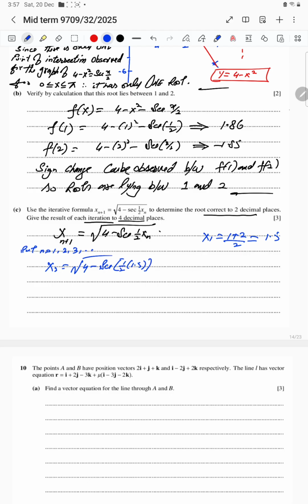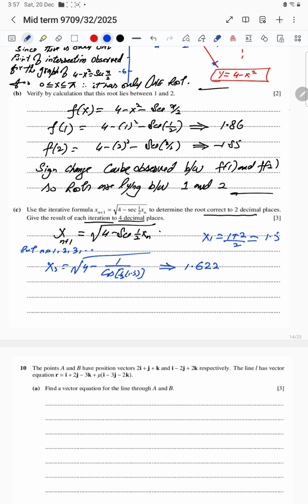Be careful about the calculation. Secant means 1 over cos. Okay, you can write it here, 1 over cos of 1 by 2 times 1.5, right? Put the brackets properly, calculate it, and you will get the result 1.62, right? 1.62, to how many decimal places do we need?